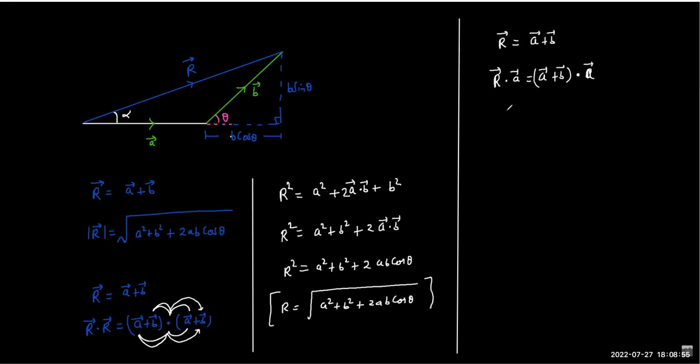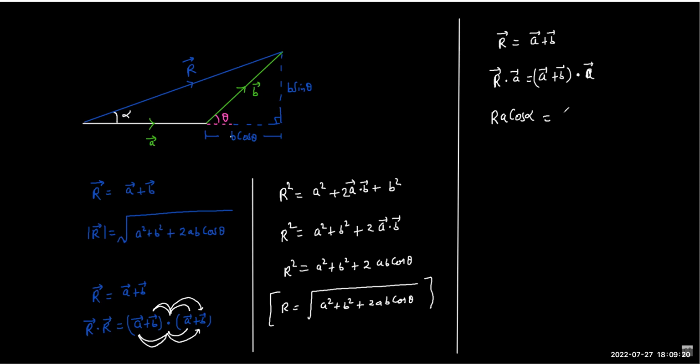And why did I take the dot with A? Because I want to know the angle between R and A. Now we are going to use the definition of dot product. What is R dot A? R A cos of the angle between R and A, and that is alpha. Now A dot A will be what? Tell me guys. Expand the bracket, what can we write?